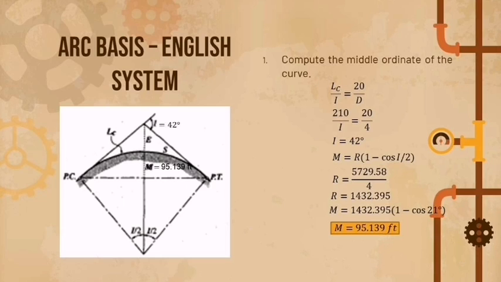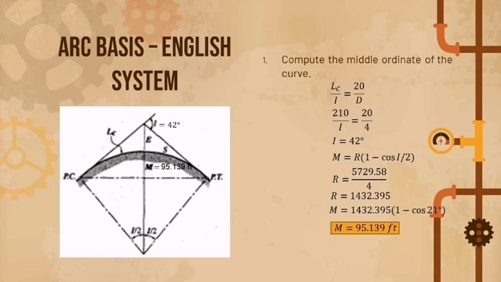Here is the formula for the middle ordinate, but to get the radius we must use the arc basis English system formula, R equals 5,729.58 over the degree, which is 4. The answer for our radius is 1,432.395. After we substitute it to the middle ordinate formula, we get the answer of 95.139 feet.